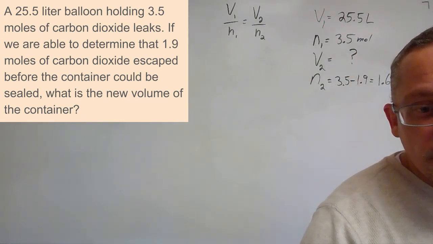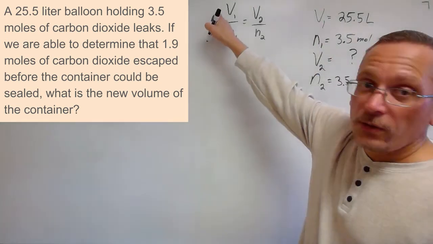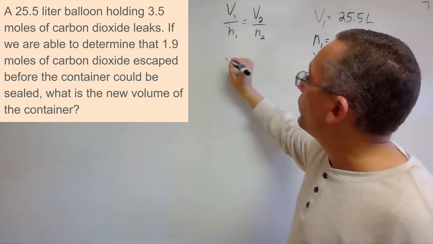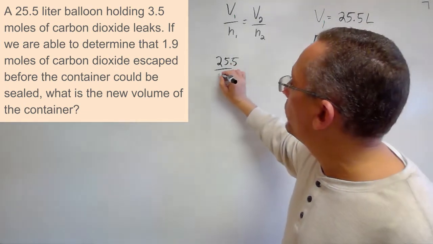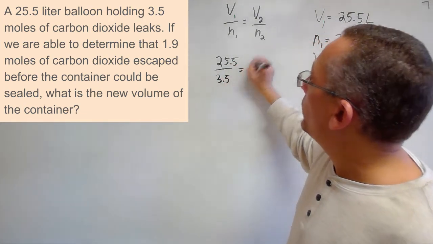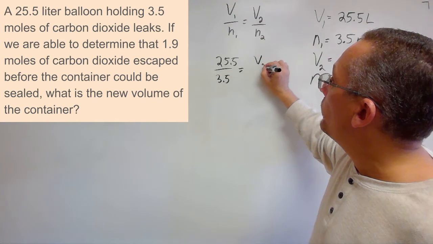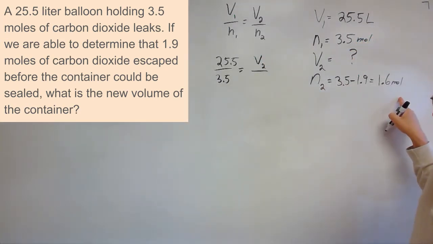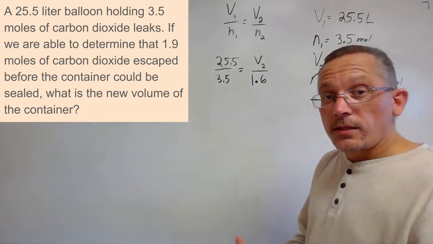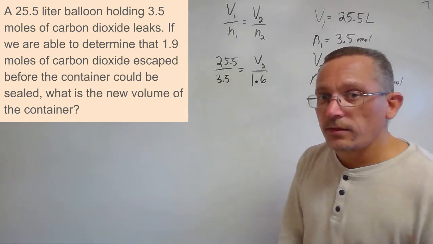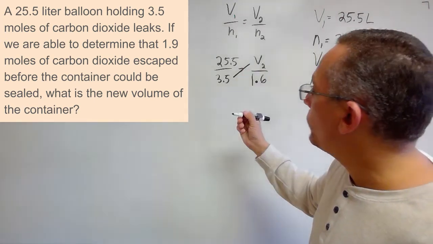So let's go ahead and put those numbers into Avogadro's law and see what is volume 2. Okay, so we've got V1 over N1, so that's 25.5 over 3.5 equals V2 over N2, which is, I don't know V2, so I'm going to write V2, and N2 we just talked about is 1.6. Okay, so now to solve this, just like you did in a bunch of your other gas laws, we're going to cross multiply. So first I'll multiply this way. You got 3.5 times V2.